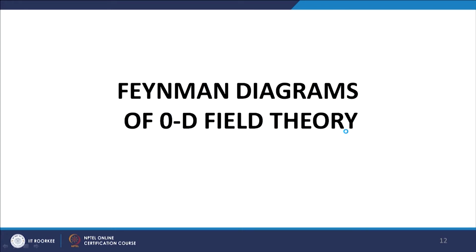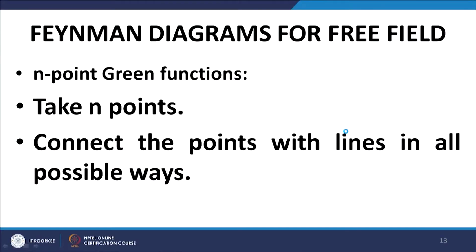Now, today we start our discussion of the Feynman diagrams. Let us start with a very simple straightforward example. We use the Feynman diagrams for determining the endpoint Green functions of the free field. What we do is we simply take endpoints and connect these endpoints with lines in all possible ways.